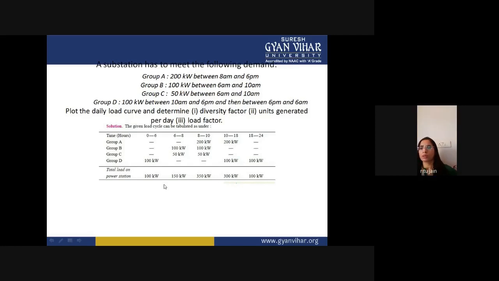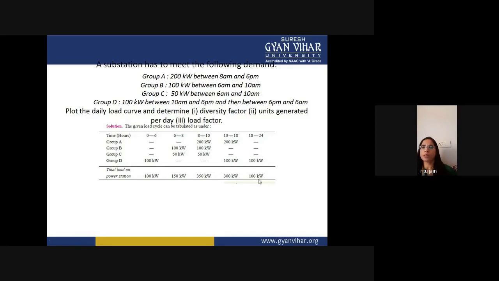So the total load on the power station is 0 to 6, 100 kilowatt, 6 to 8, it is 150 kilowatt, 8 to 10 is your 350 kilowatt, and 10 to 18, it is 300 kilowatt, and 18 to 24, it is your 100 kilowatt.